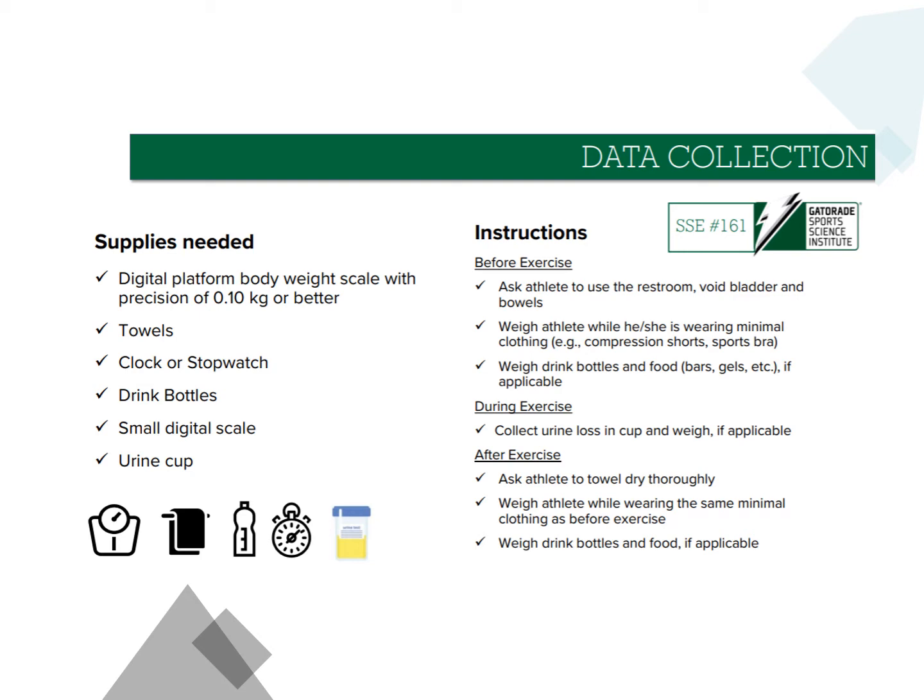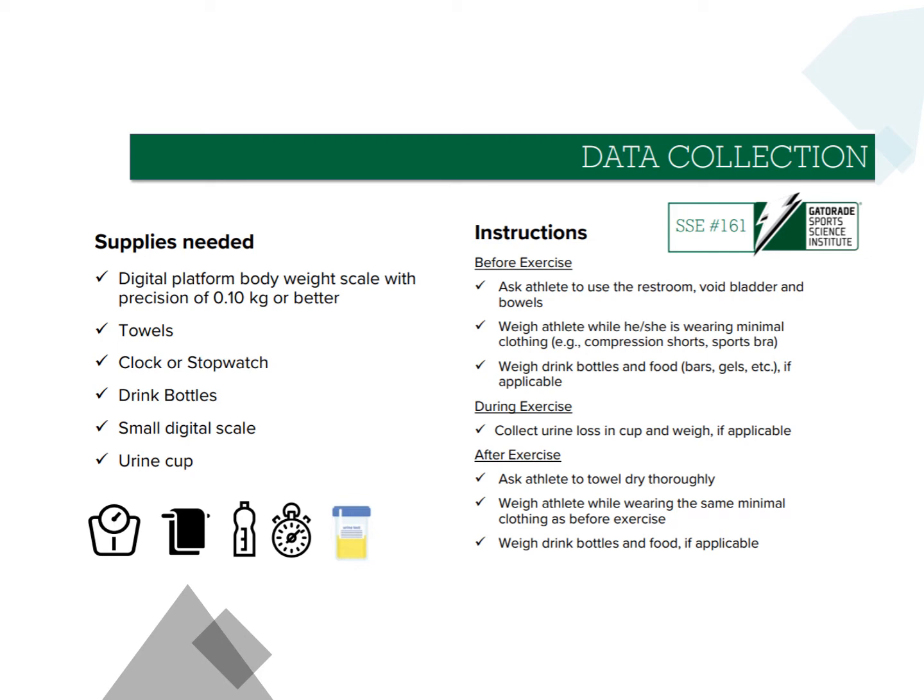And before you start your exercise, you'll make sure you void your bladder so you're empty. Weigh yourself in just your undergarments as close to nude as possible, and weigh any of your drink bottles and food. During exercise, if you do need to use the restroom, you would want to measure that and weigh it if applicable.